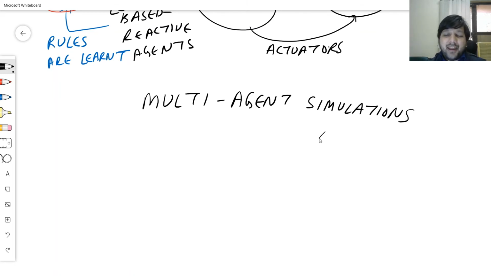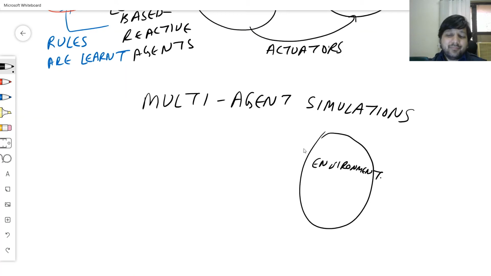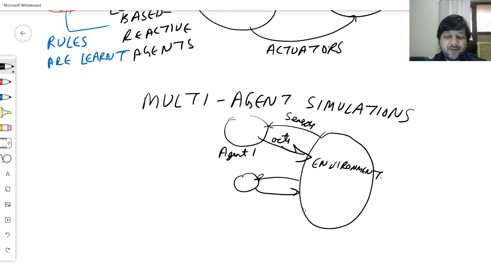So, all of them have a common environment, and each one of the agents, that's your agent 1, it reads from its own sensors and it acts based on its own actuators. And similarly, you've got agent 2, agent 3, and all the other agents.